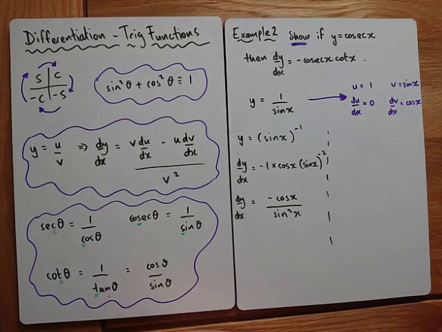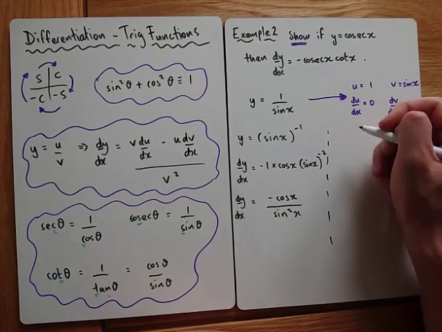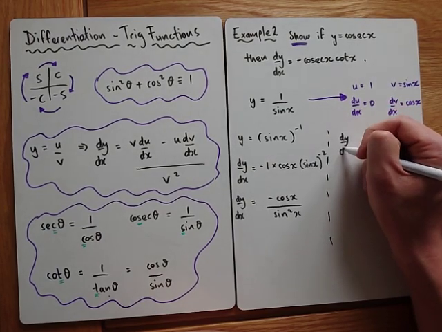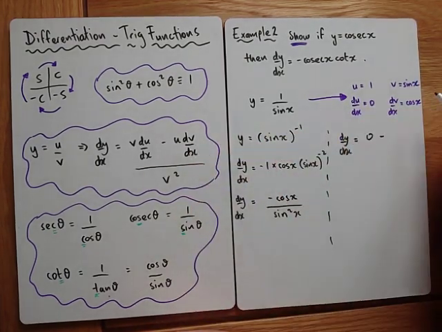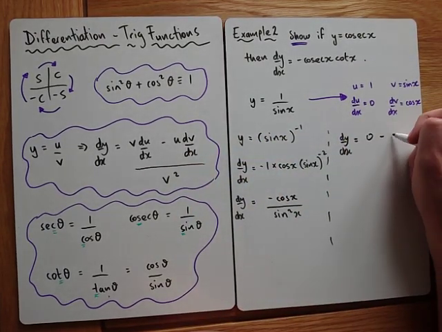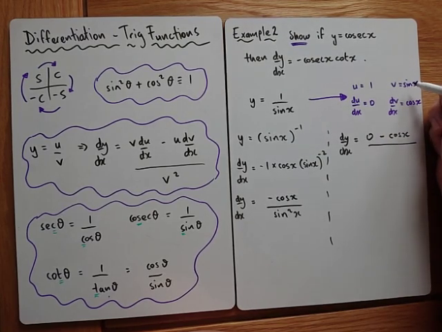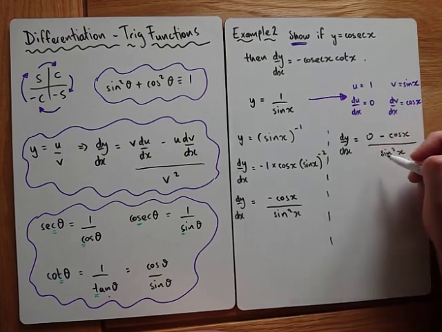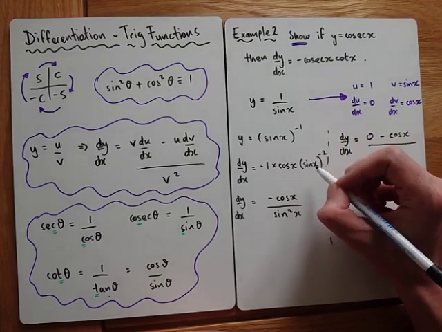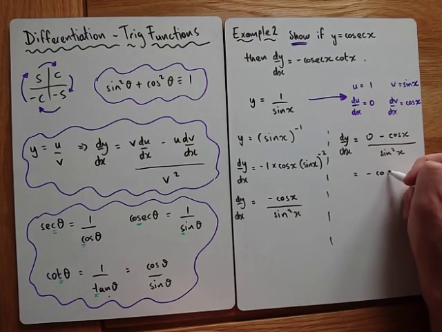And then if we use the quotient rule, it's v times by du, so that times by 0 would just be 0, and then minus u times by dv, so that's 1 times by cos x. And then that's all divided by v squared, which is sine squared. You might actually argue that this is quicker than doing the bracket to a power, because look, we get the same answer. It's up to you.